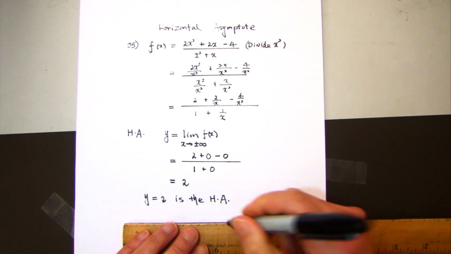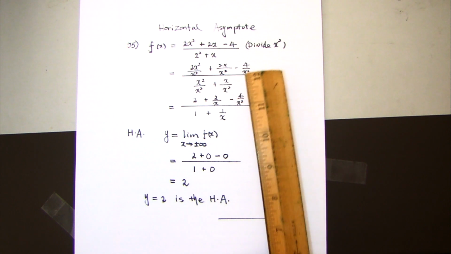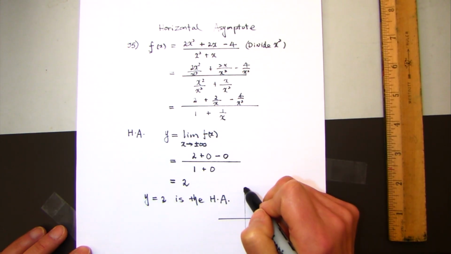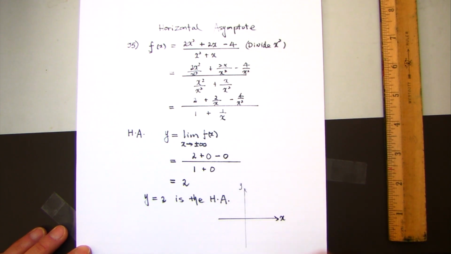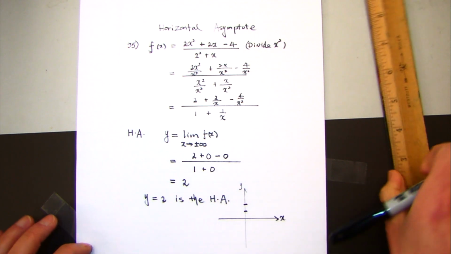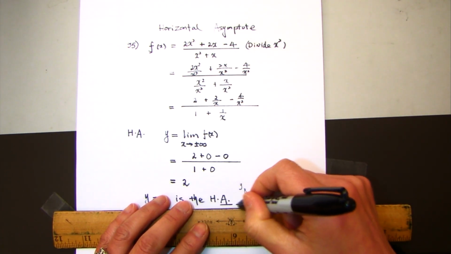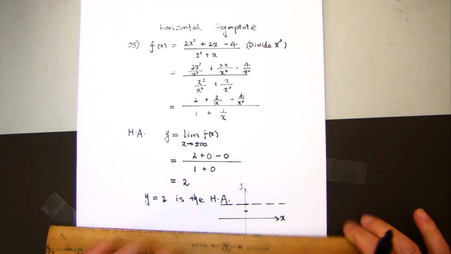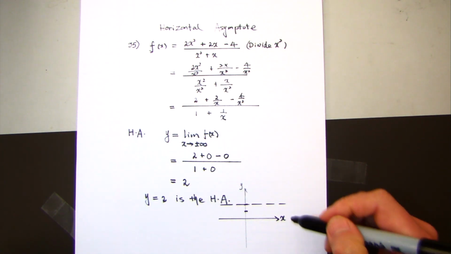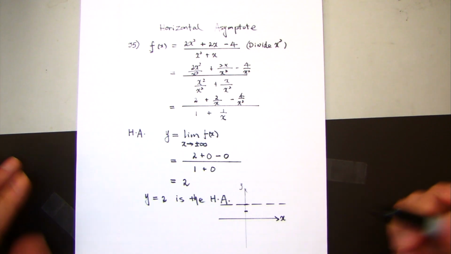So where is it again? You have the xy axis. The horizontal asymptote is at y equals 2, so you have a horizontal line where your graph cannot touch, cannot pass, but will get really close to it.